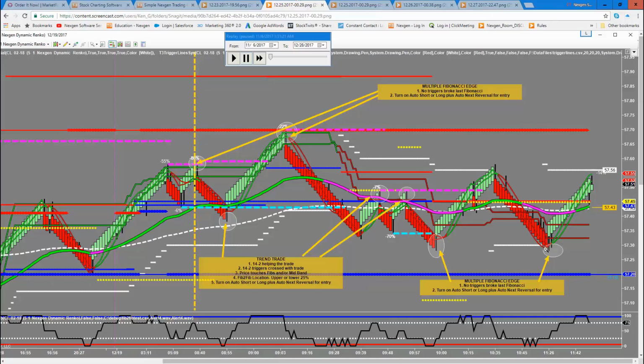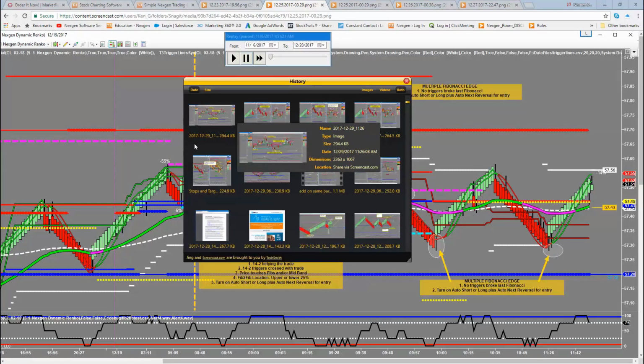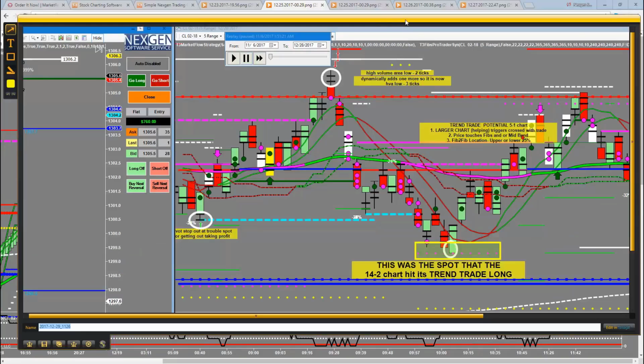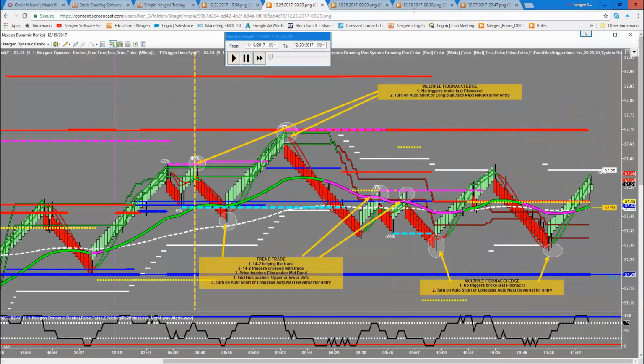And these are also things that, if you wish, we can review in class. So you can save your pictures with your screencast. You can go into your screencast history and save this one that we did today. You can save your pictures and your trades and what you were doing and why you were doing it, and share them in class and really get feedback from the educator.